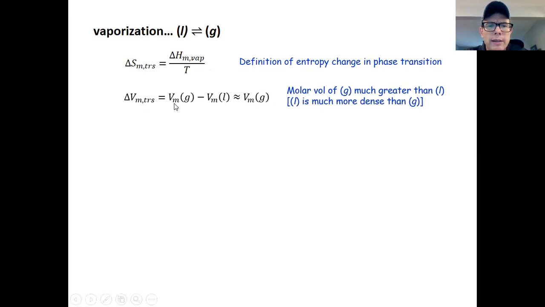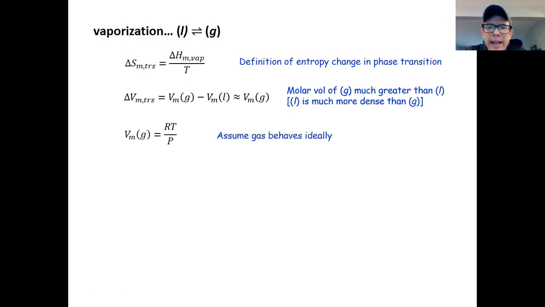In this case, this would be V molar of the gas minus V molar of the liquid. And what you might recognize is that the molar volume of the gas is much, much larger than the molar volume of a liquid. The liquid is much more dense, the gas is much less dense. And so I make an approximation to say that this difference between the molar volume of gas and liquid is approximately equal to the molar volume of the gas.